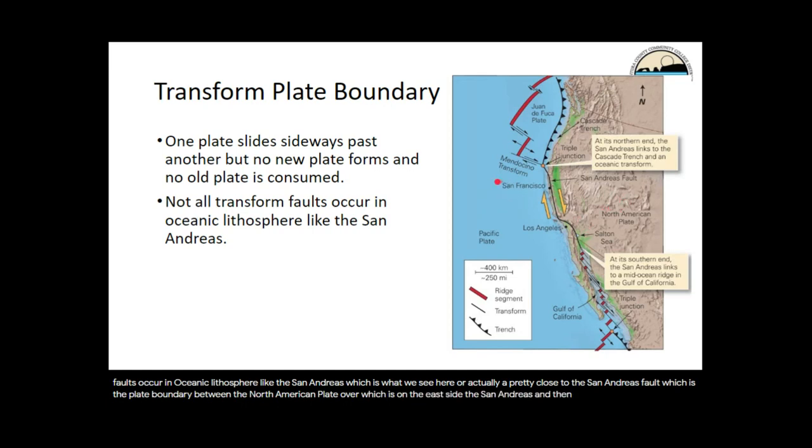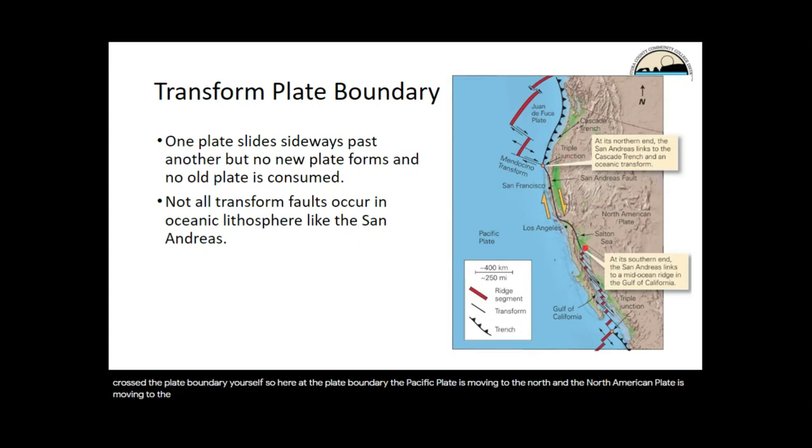In fact, you've probably driven over the San Andreas fault and crossed the plate boundary yourself. Here at the plate boundary, the Pacific plate is moving to the north, and the North American plate is moving to the south.